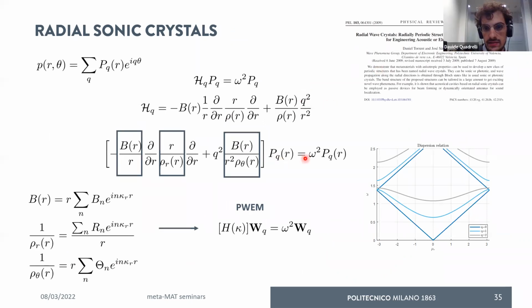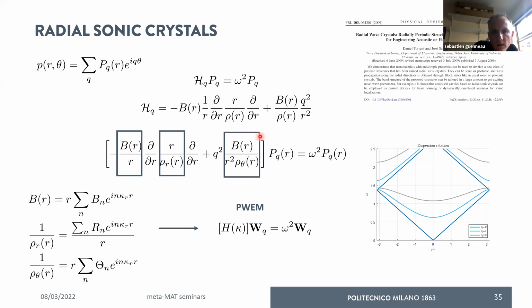The idea for me is you have the Helmholtz equation, and if you express the pressure field in polar coordinates, like a summation of the usual monopole, dipole, quadrupole modes, for each mode you obtain this differential operator. And as far as I know, if you want to apply the Bloch theorem, this differential operator should be invariant upon translations in the radial direction, basically.